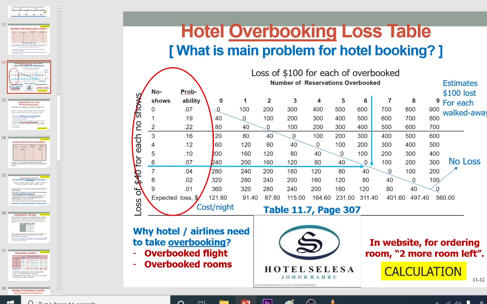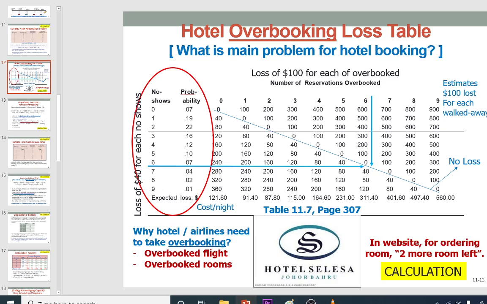So we fill up this matrix starting at one overbook with one no-show, which costs 100.